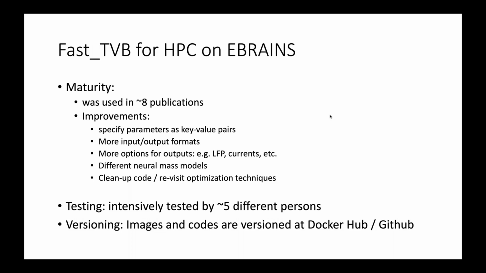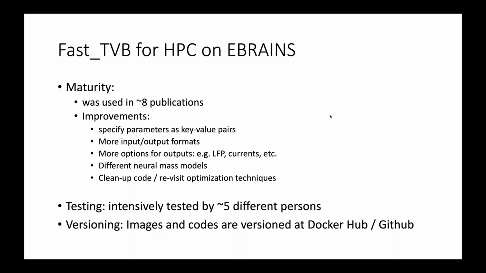We could allow more input-output formats, especially output formats. So at the moment, we're just writing out fMRI, but this can be easily adapted to other signals that are simulated within this model. We could use the same approach to implement different neural mass models, and also clean up the code and revisit these optimization techniques.